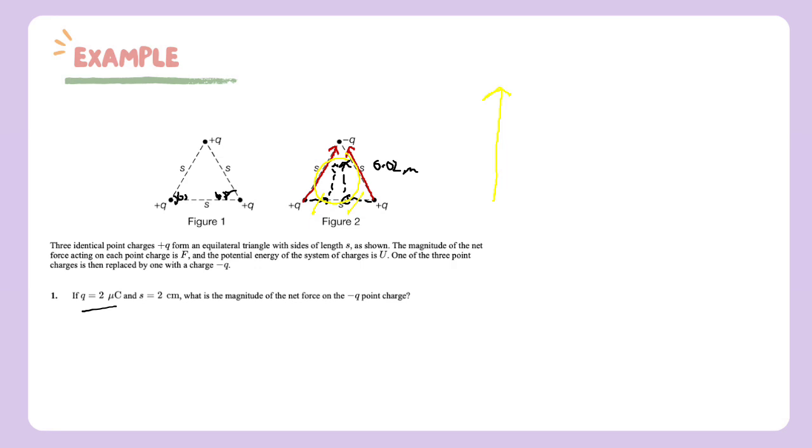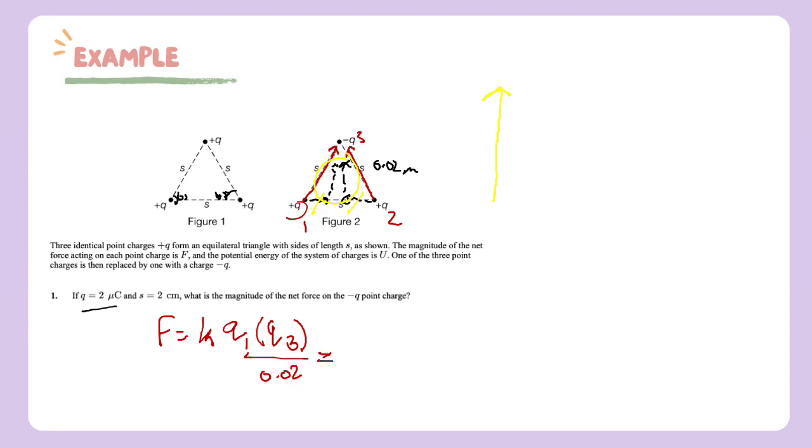Second, we need to find the magnitude. So we know the direction. For the magnitude, we will use Coulomb's equation. So F equals, let's say this one is Q1, this one is Q2, and we'll state this as Q3. Q1 times Q3 divided by S, which has been given as 0.02. I won't write the units, but I'm pretty sure everyone knows the units by now.